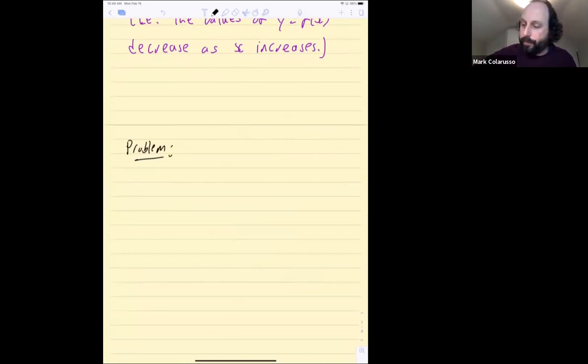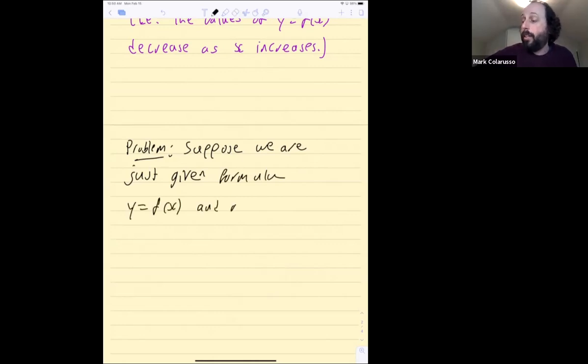Suppose we are just given a formula y equals f at x and not its graph. Let me see which one we are going to do by the end of the week.